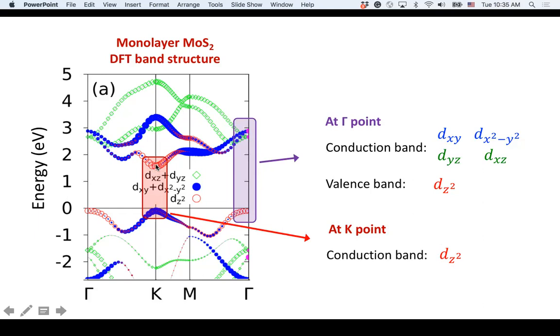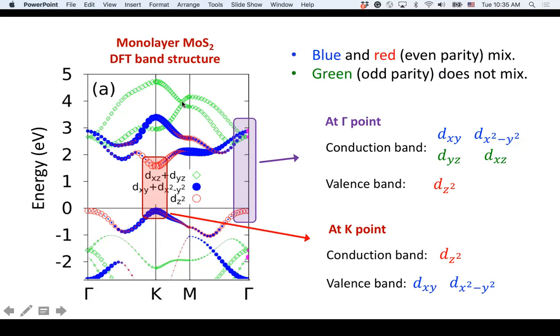They're the dominant ones, and the valence band is contributed by the dxy and dx squared minus y squared. So these are mainly the blue dots. And you can see that the green dots are the dxz and dyz. They are the m equal to plus and minus 1 orbitals. They have odd parity.